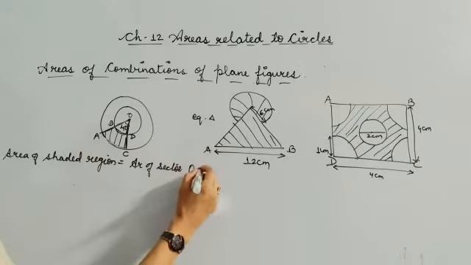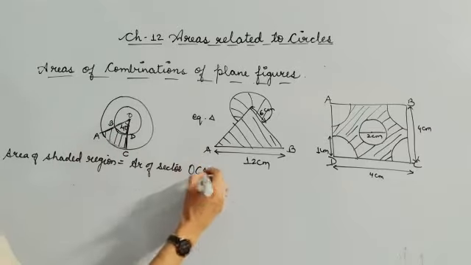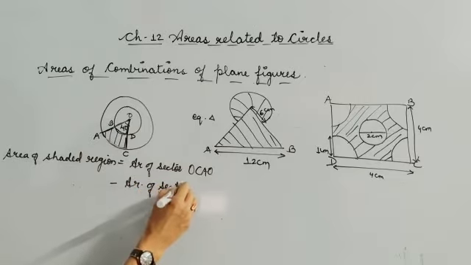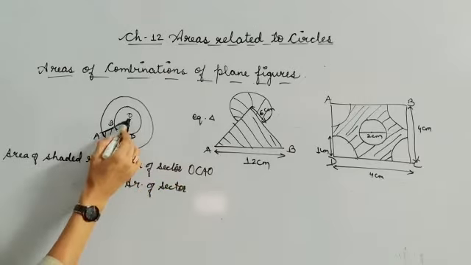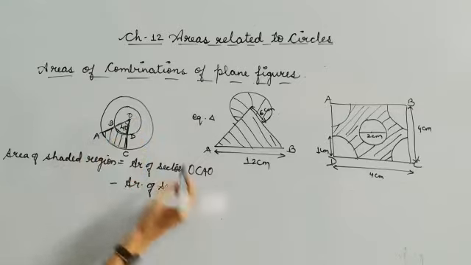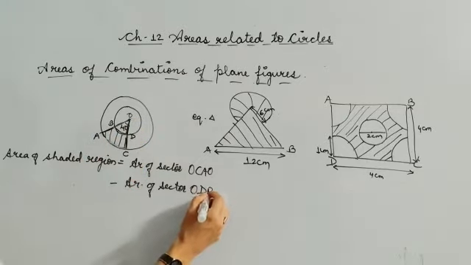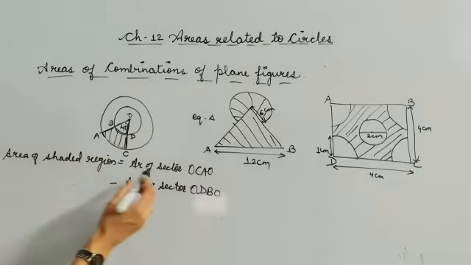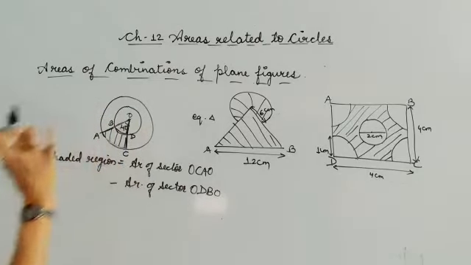OCAO, minus area of sector, that means the smaller sector, ODBO. Yes children, the formula will always remain the same for it, but your radii will change.